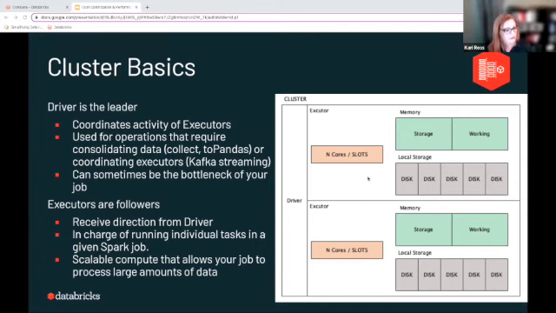A couple of things to note about how this cluster is configured is we have the number of cores and slots, and those are the ones that can actually do tasks. So if you have, for instance, 4 cores, you would have 4 slots, and that can execute 4 different tasks.